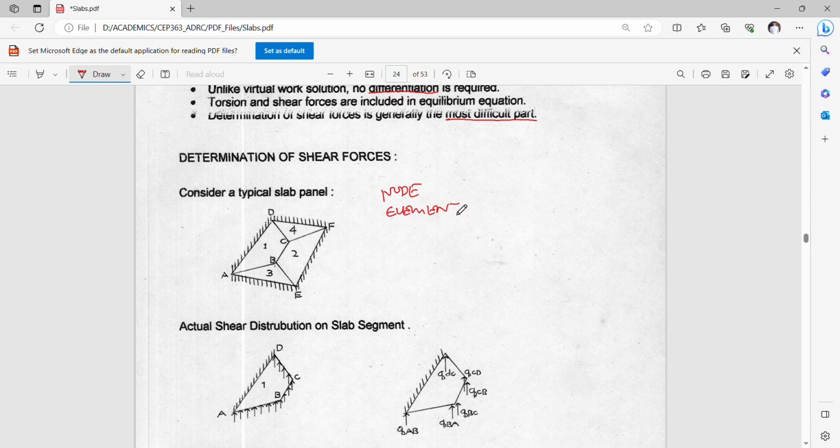For the nodal description, we're using A, B, C, D as your nodes. And for your element description, we're using numbers 1, 2, 3, 4.